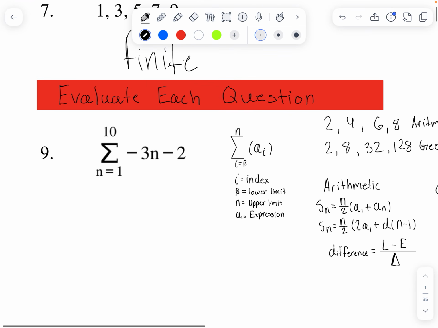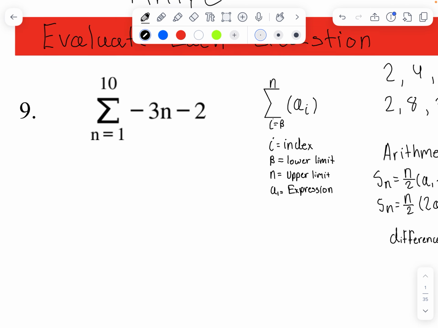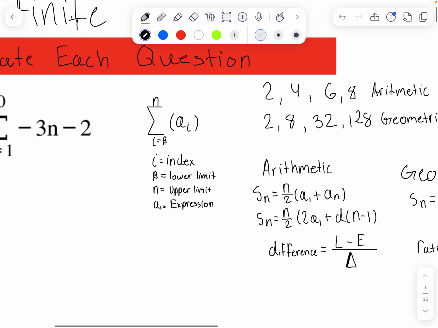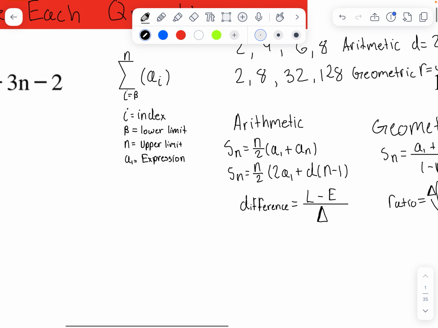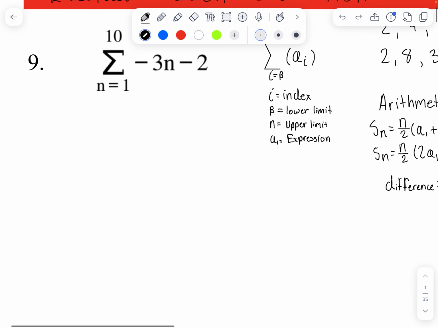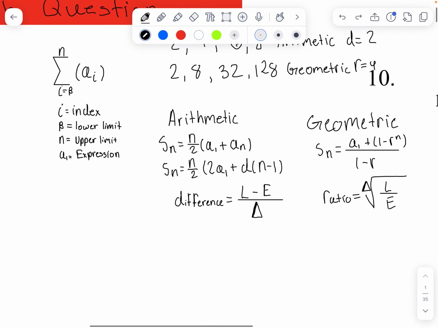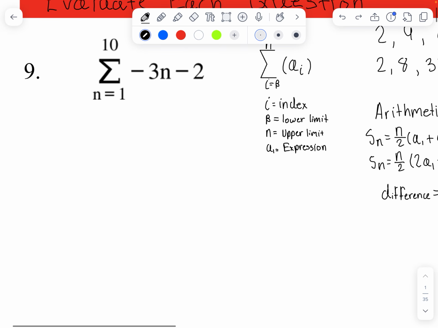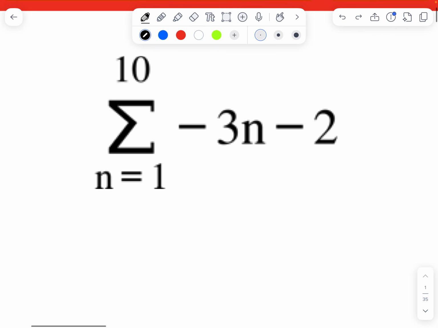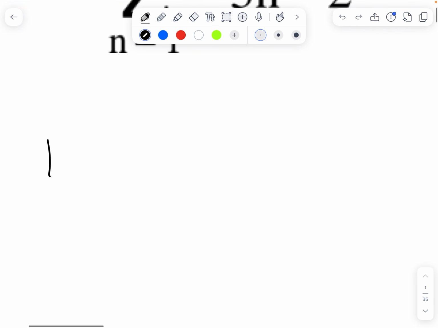So evaluate each expression. For this one, let's use the first formula: n over 2 multiplied by a1 plus an. As you can see, we start with 1, so we're plugging in 1.